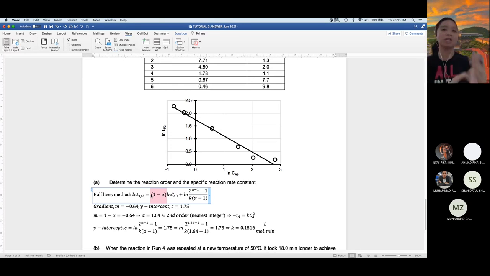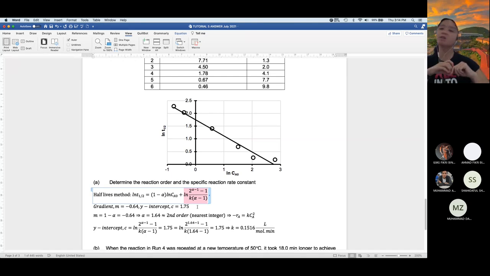Then therefore the last part of the equation adalah pintasan y saya, my y-intercept equals to ln 2 power alpha minus 1 per k in bracket alpha minus 1. Okay, so seluruh part equation tu itu adalah bersamaan dengan nilai y-intercept saya.